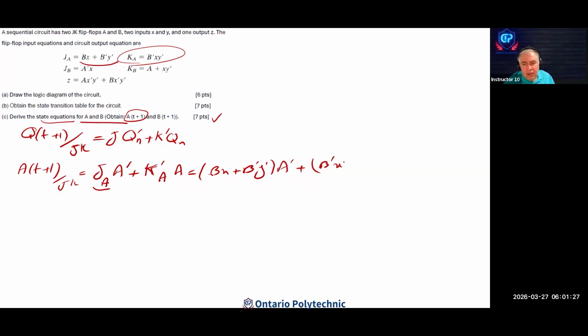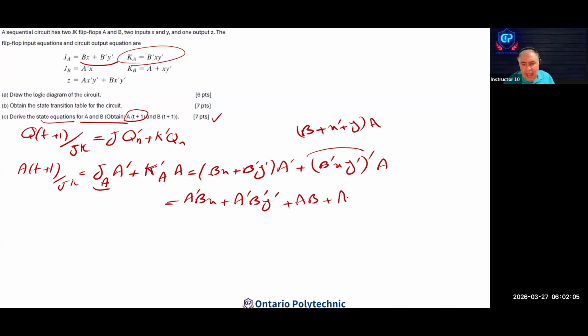B prime X Y prime, K prime times A. B prime X Y prime A. Okay, continue. A prime times here: A prime B X plus A prime B prime Y prime, plus, what is that? De Morgan: B plus X prime plus Y, times A. AB plus AX prime plus AY.